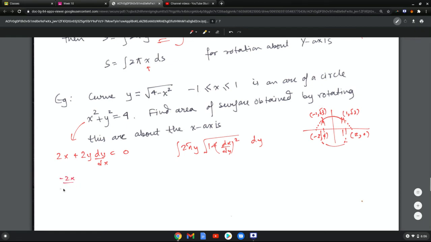Negative 2x over negative 2y is dy over dx, or dx over dy is y over x. Alright, so I have 2 pi y square root of 1 plus y squared over x squared dy, which is 2 pi y square root of x squared plus y squared over x squared dy.